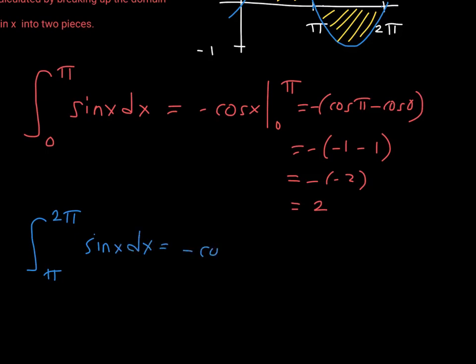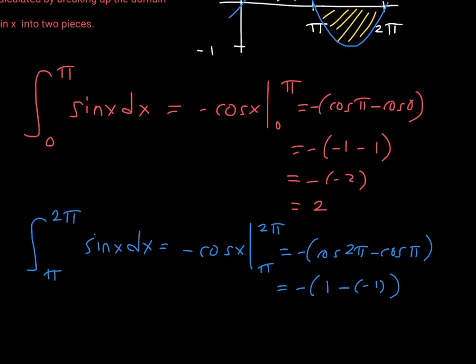So then this is negative cosine of x, evaluated from pi to 2 pi. So then this is negative cosine of 2 pi minus cosine of pi, the negation of 1 minus negative 1. So then this is negative 2.